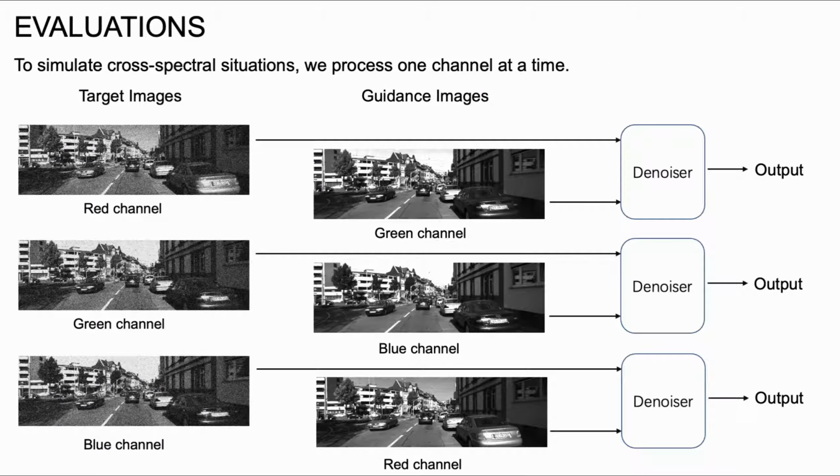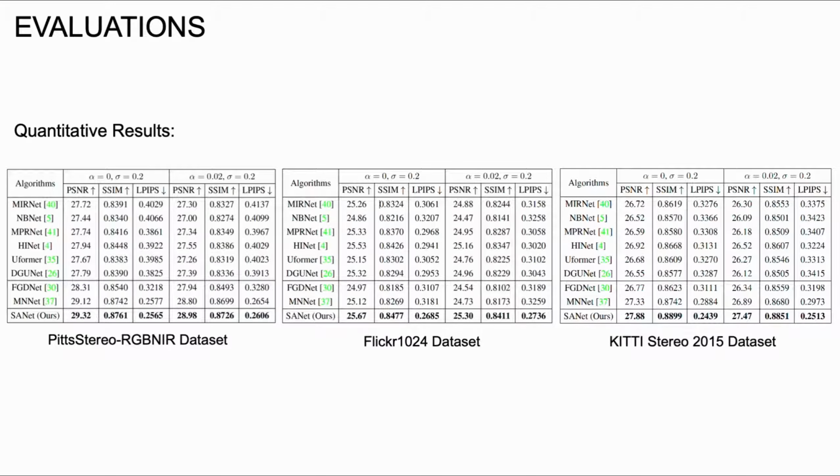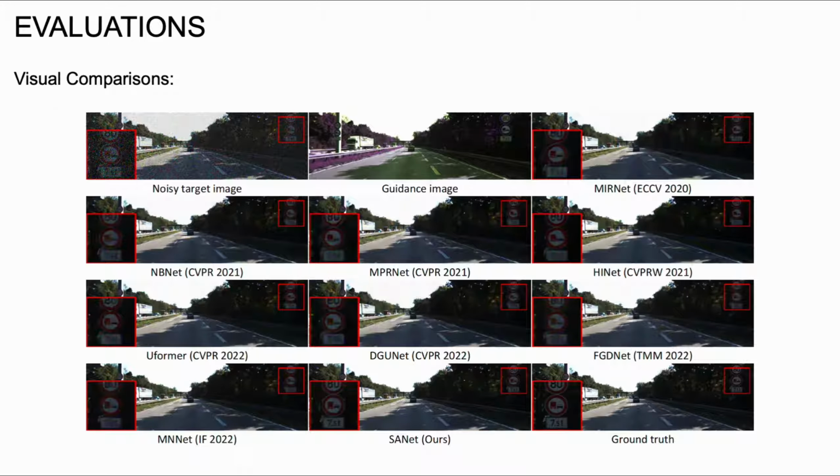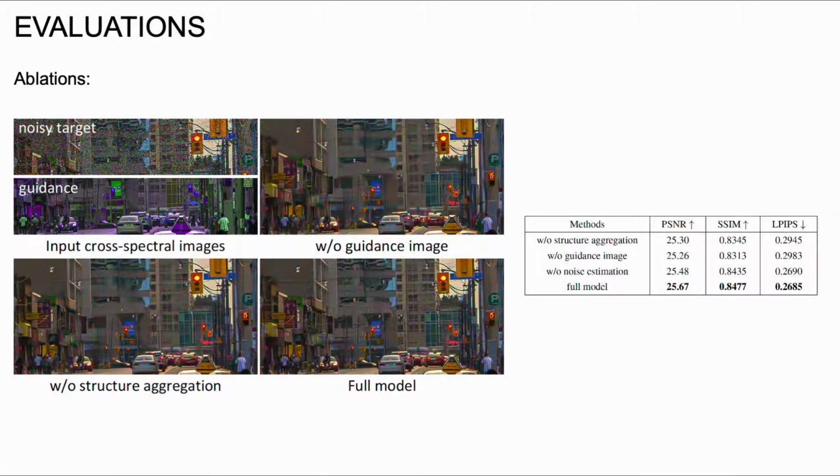The network processes only one channel at a time. Here, we can observe that our model achieves the highest accuracy on all 3 metrics. Visual comparisons show that our guided denoising method can effectively restore salient structures according to the unaligned guidance information. Also, the denoising accuracy decreases when any component of the network is deactivated.